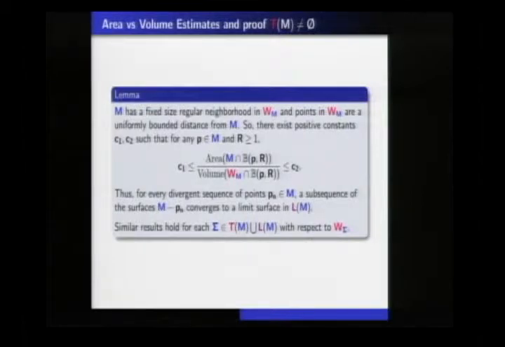Remember, we have global curvature estimates. Locally, we look like little disks, and the idea is that in small balls you have either one or two of these disks nearby.